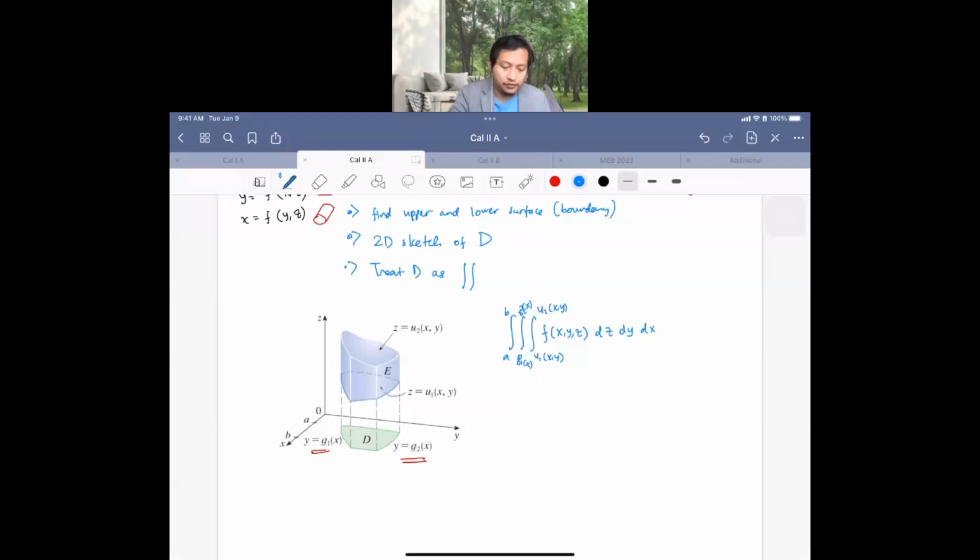What is important is to set up which function it is. That's the key. So no matter type 1, type 2, or any type that you need to look at, the key is always to set up the correct boundaries.